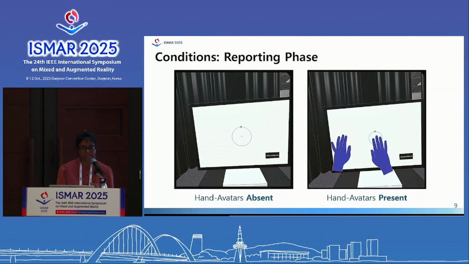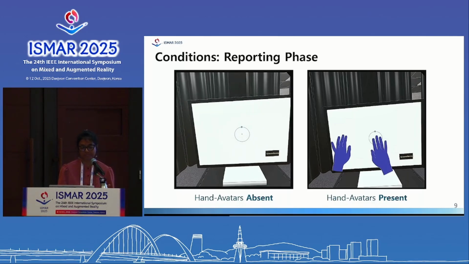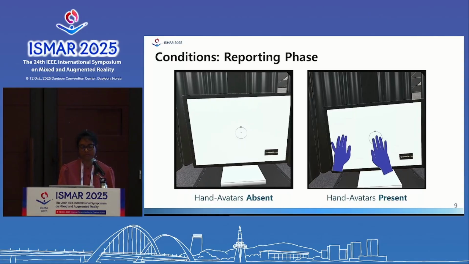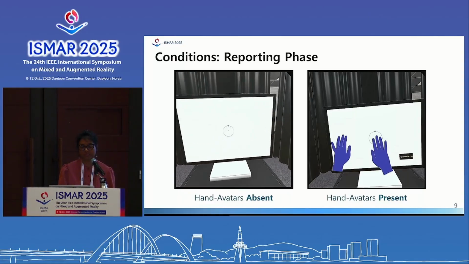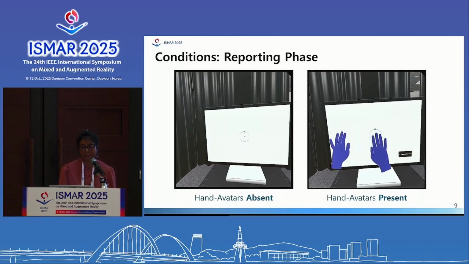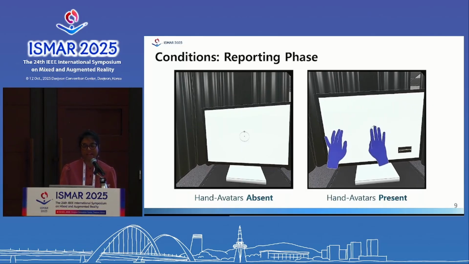To report the perceived size, a circle capturing the diameter was drawn on the Microsoft Studio touchscreen. Here, we have the left video showing the reporting phase with the hand avatar absent condition, and the right video showing the reporting phase with the hand avatar present condition.